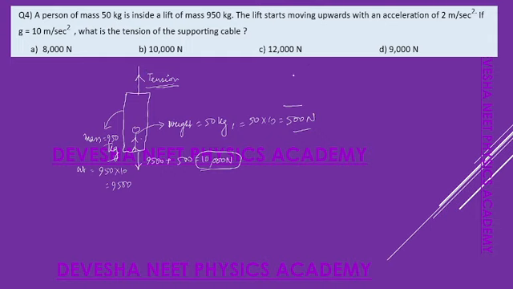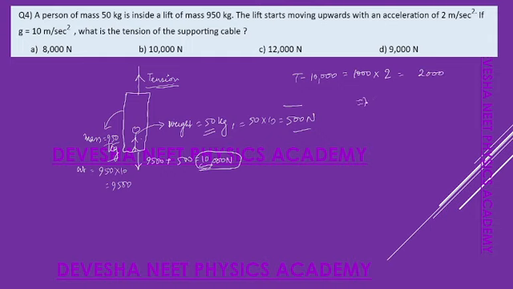So, based on the previous question also, T minus the entire weight, 10,000, is equal to the mass of the entire system, the person plus the lift, which is 1,000, into the acceleration, which is upwards, which is 2, equal to 2,000.